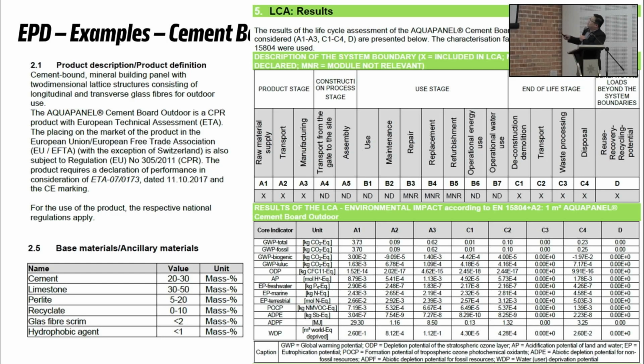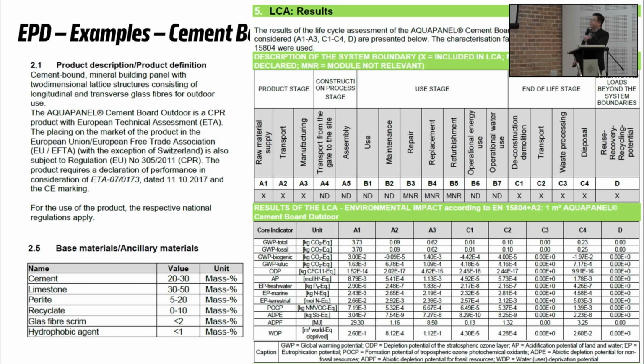However, stages A4, A5, B are not included. It says ND, which means not declared. MNR means not relevant for this particular product. So in this EPD, it only captures A1 to A3, which is the production of the material.